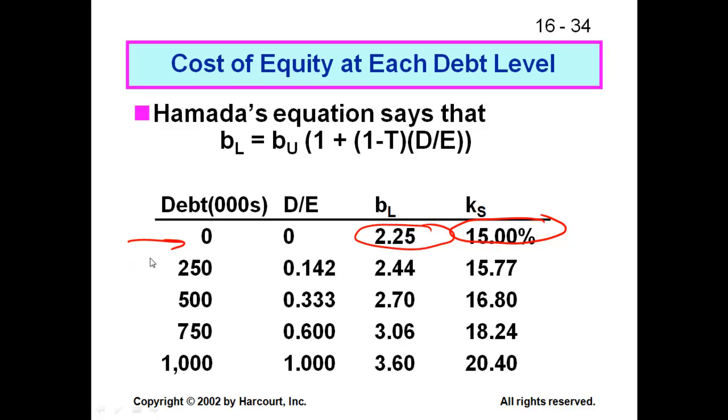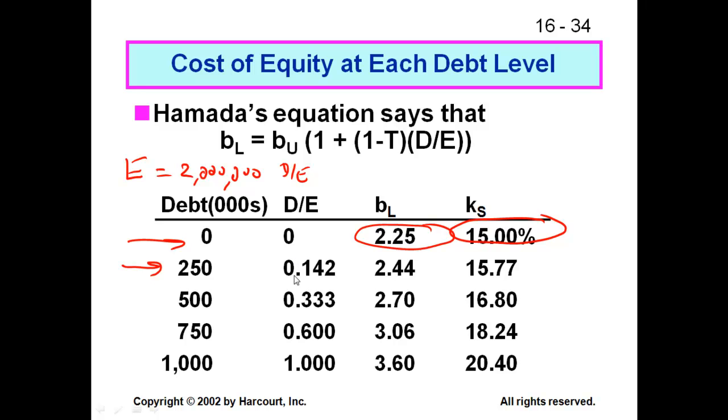Okay. Now what if the debt is 250 thousand? Remember, what was the value of equity initially? It was 2 million. Now if you recapitalize and you reduce equity by 250,000 and increase debt from 0 to 250,000, what is the debt to equity ratio?